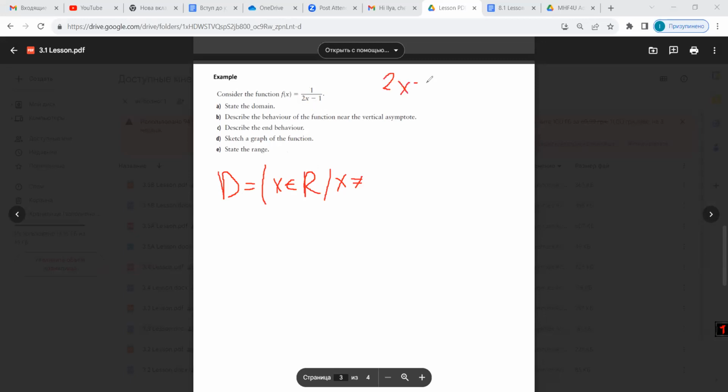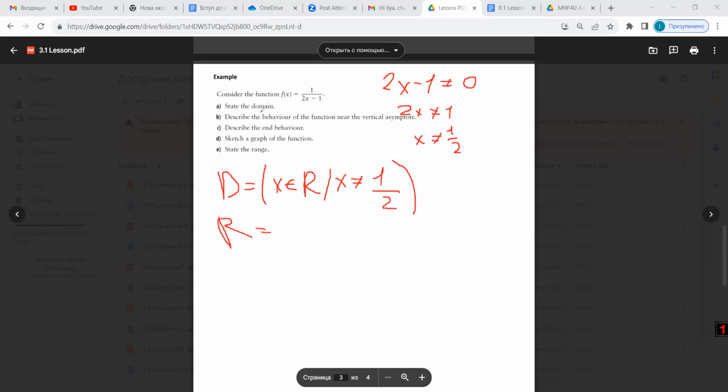So 2x minus 1 does not equal 0. 2x does not equal 1. x does not equal 1 over 2. Does everybody understand how I did these steps? So x does not equal 1 over 2.